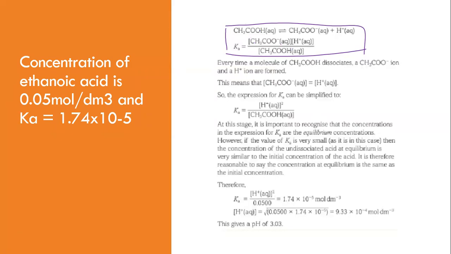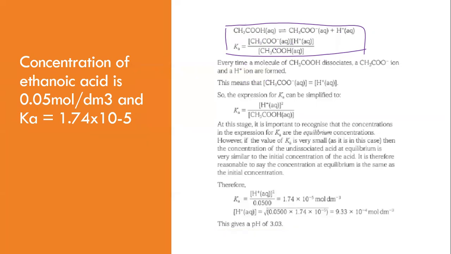Ethanoic acid will partially dissociate to give you ethanoate ions and hydrogen ions. When we make the expression for our acid dissociation constant, it is the concentration of the products divided by the concentration of the reactant. This will be the expression, right?